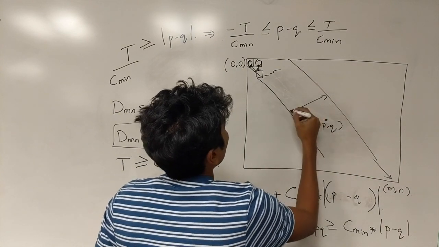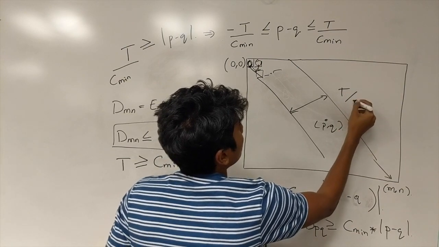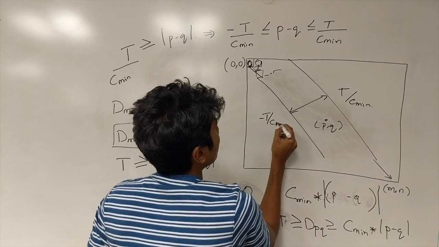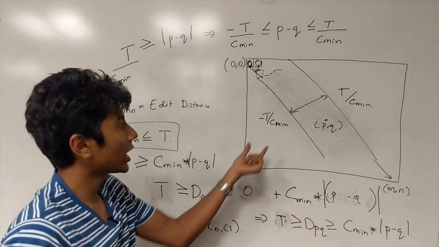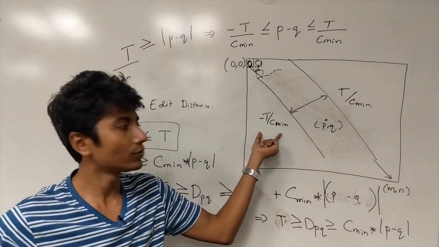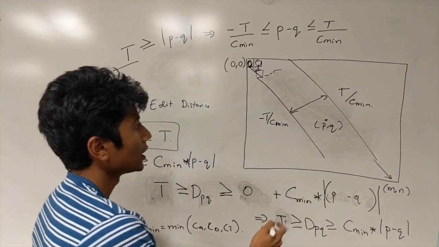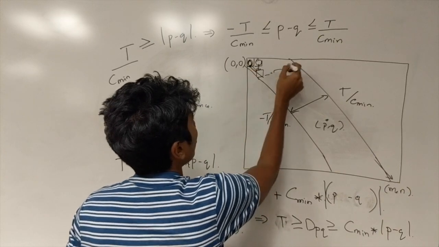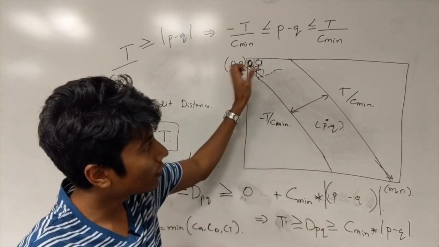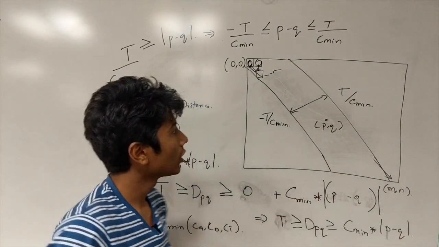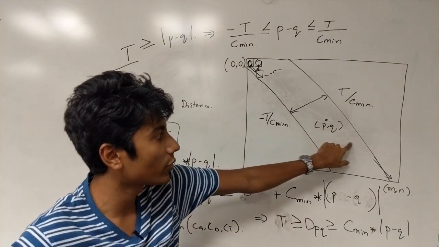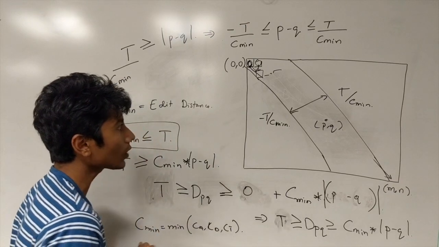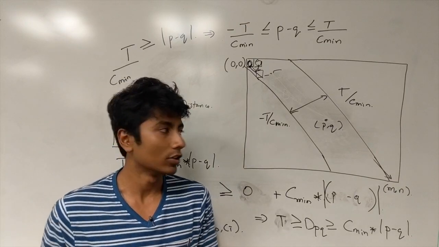They are t upon c min and minus t upon c min, right? Those two diagonals which have x minus y giving them these two quantities. So what we have done is we have just reduced the time complexity of the overall equation. By instead of evaluating the whole matrix, we just evaluate the points which fall within these two diagonal points, within these two lines. Okay, but you can do even better.